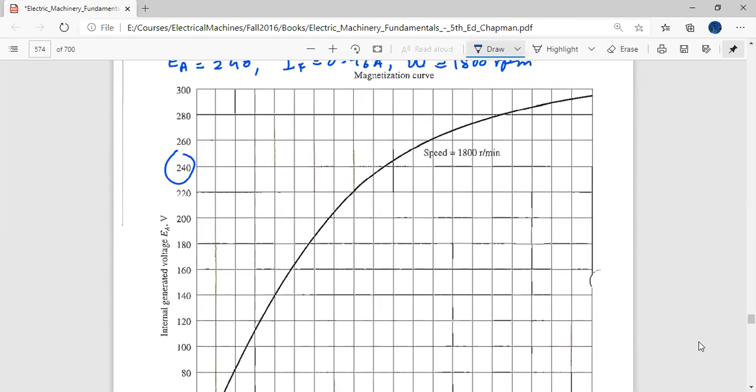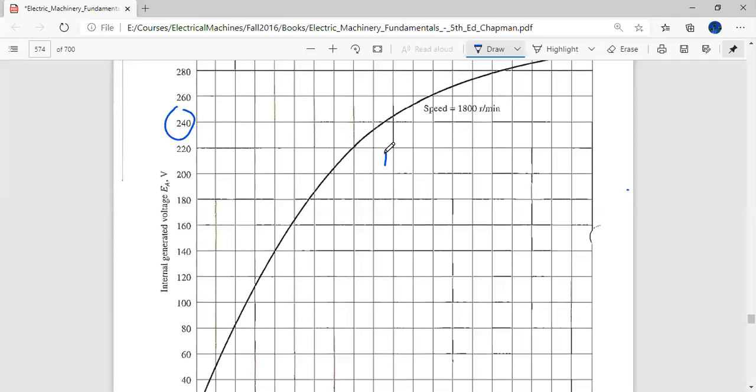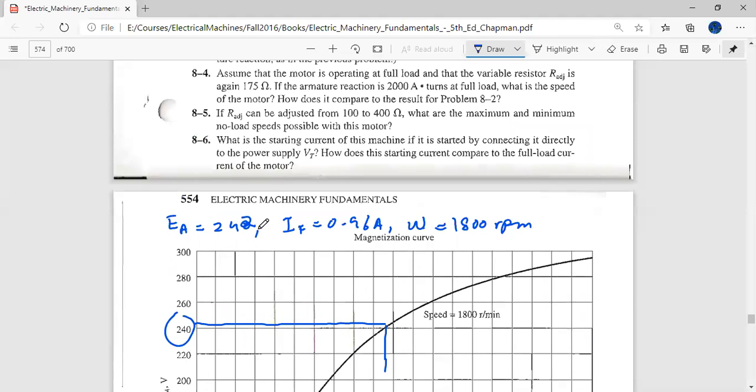At 0.96, the value is slightly more than 240. Maybe it is equal to 242. So let's make this change over here. It's not 240, it is 242. At 1800 RPM, the EA is at 242.